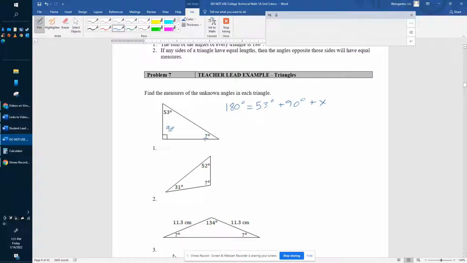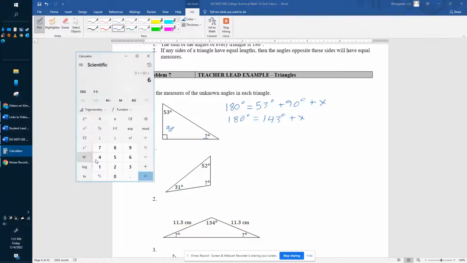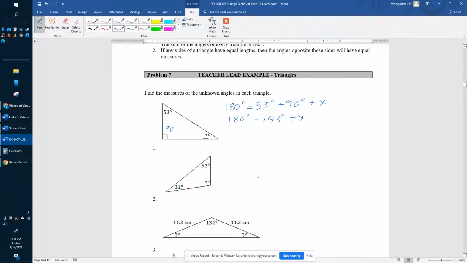We'll call that unknown angle x. So 180 degrees equals 143 degrees plus x. So what does x equal? Let's grab our calculator. 37 degrees.